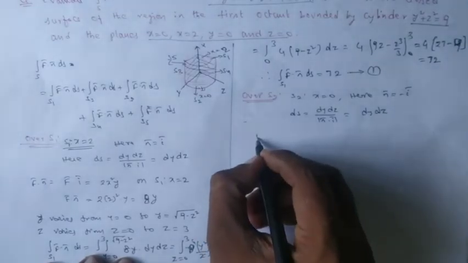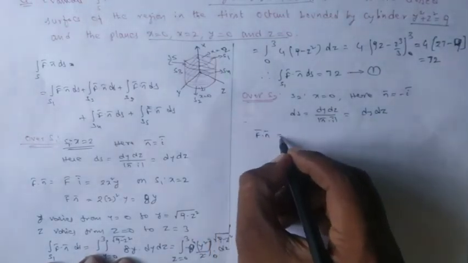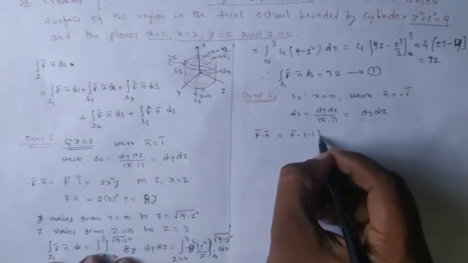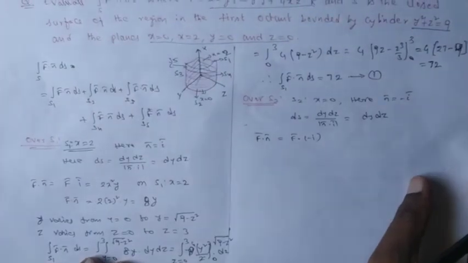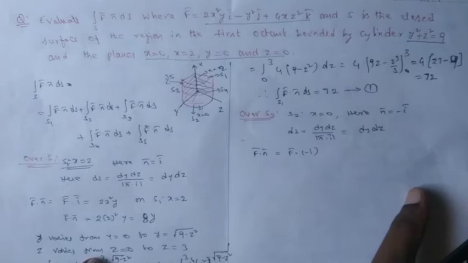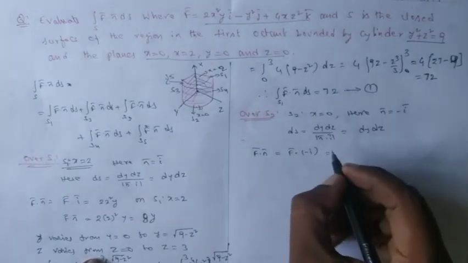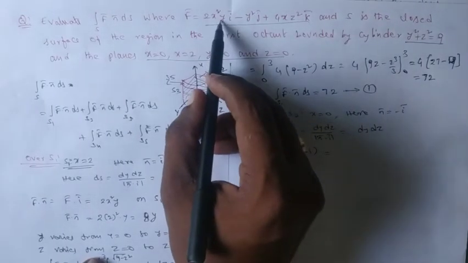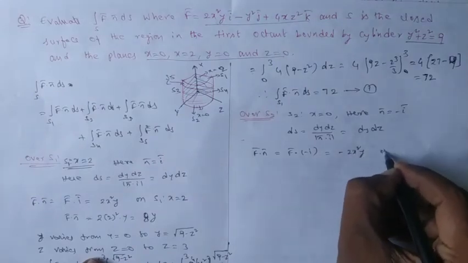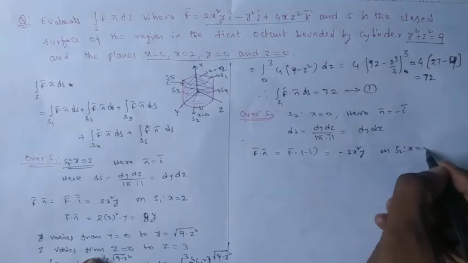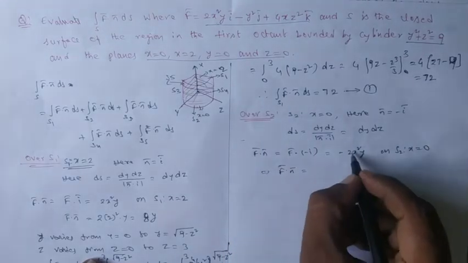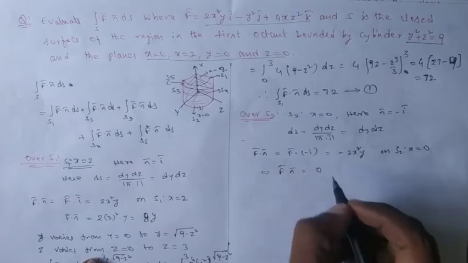Now let us try to take f bar dot n bar here. If you take f bar dot n bar, that is f bar dot minus i bar, since f bar is our function like this, 2x square y i bar minus y square j bar plus 4x z square k bar, it is now minus 2x square y. So on S2, x equal to 0, which implies that f bar dot n bar gives 0.